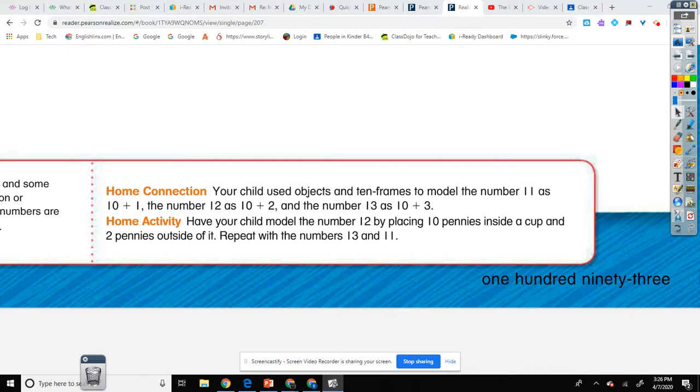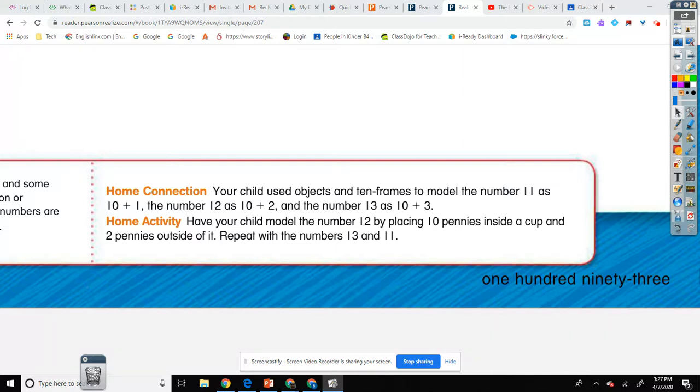You could use 10 pencils, 10 erasers, 10 little rocks, 10 pieces of grass, anything to represent 10 with something tangible. Then you put it inside a cup, and then 2 pennies outside of it.